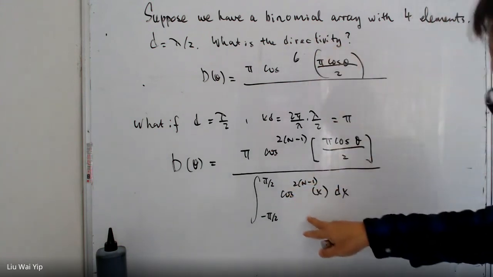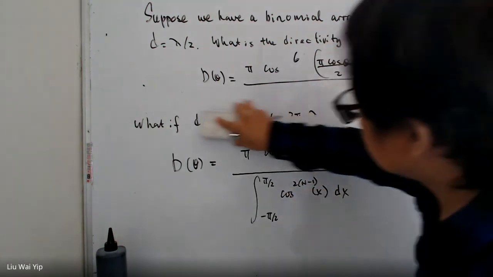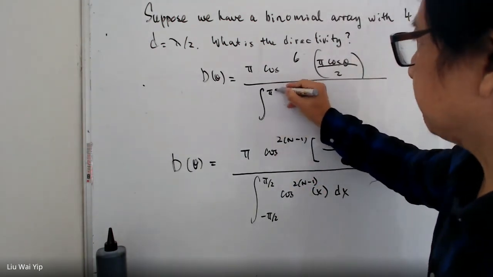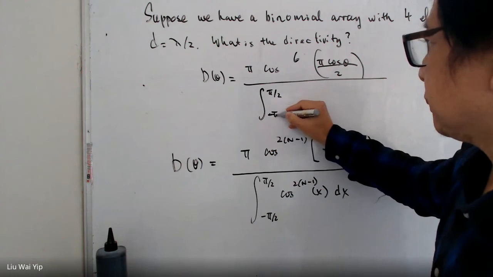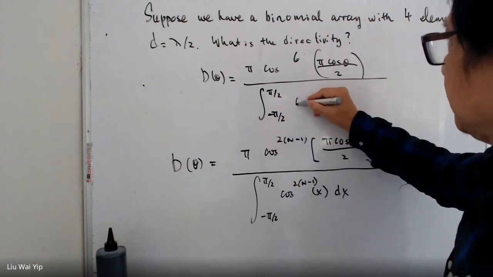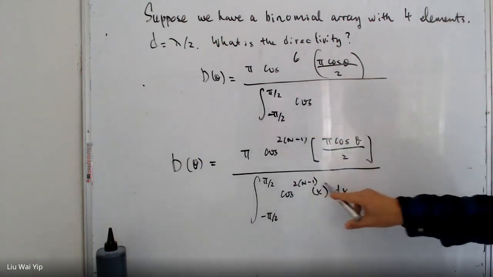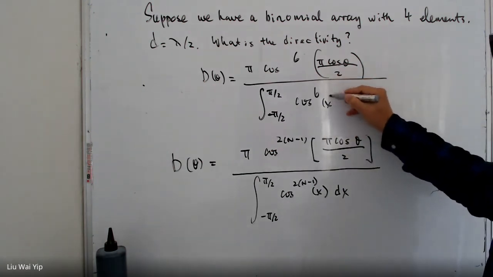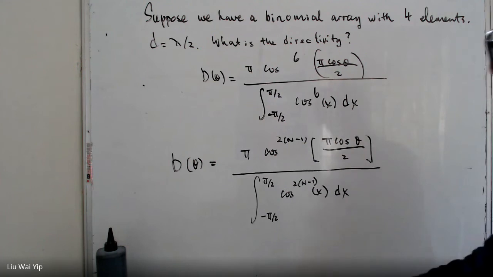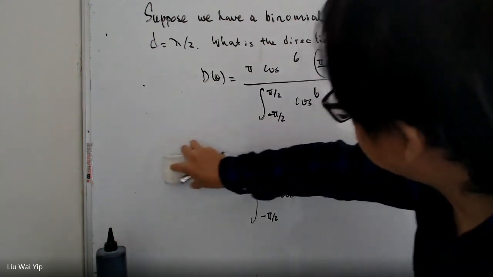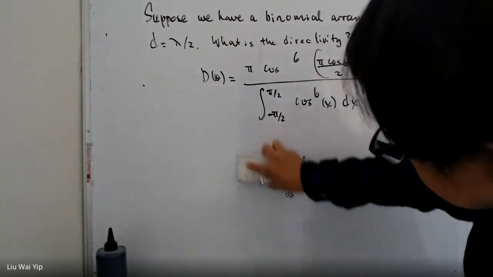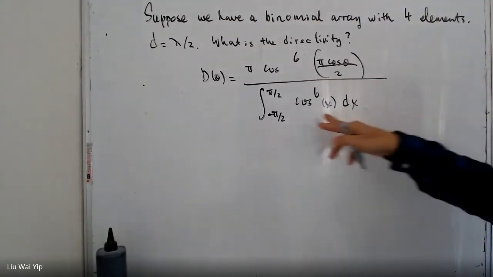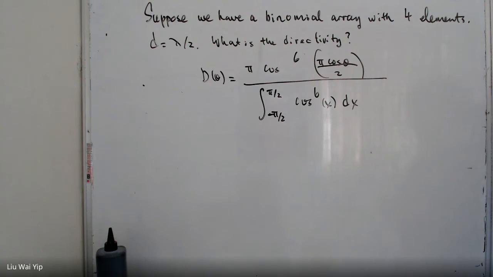And how about here? You can just do this, and then cosine to the power 6. So this is what we are going to get.